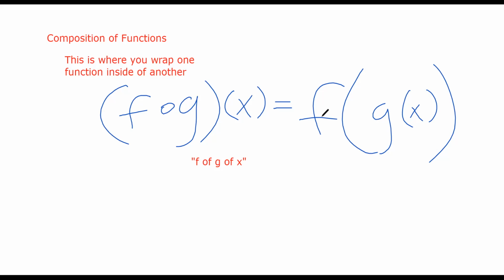Everywhere you see the variable in the original function f, you put the g of x function into that variable. That's where the word composition comes up. You think of it being composed. This is f composed of g. That's a fine way to think about it.